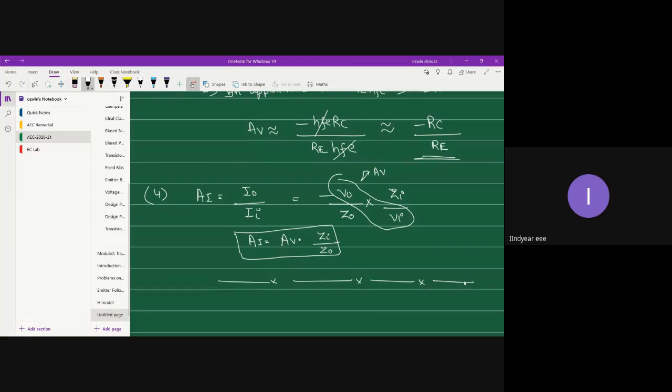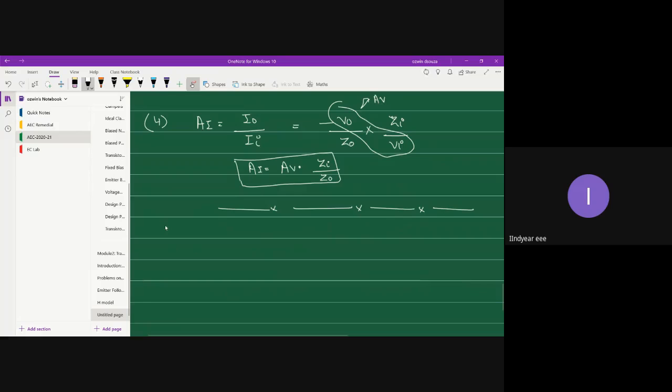So that's your H parameter analysis. Okay. Now, I have done the analysis of two circuits. So homework is going to be fixed bias amplifier. Next, voltage divider bias amplifier without CE.